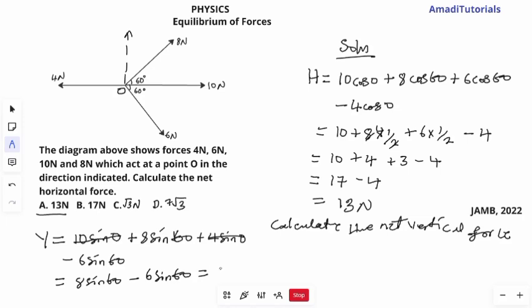Which equals 8 times sine 60, which is root 3 over 2, minus 6 times root 3 over 2.